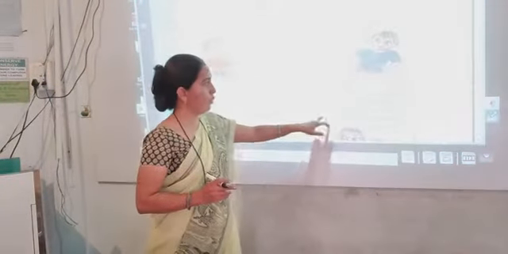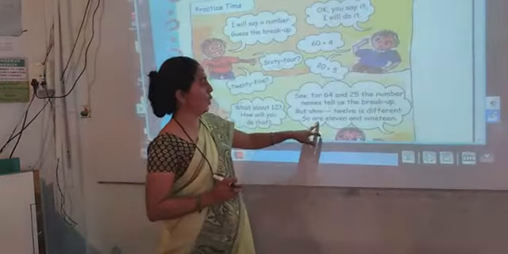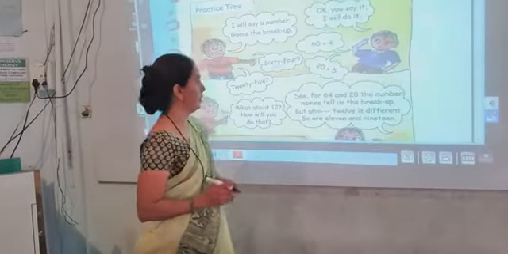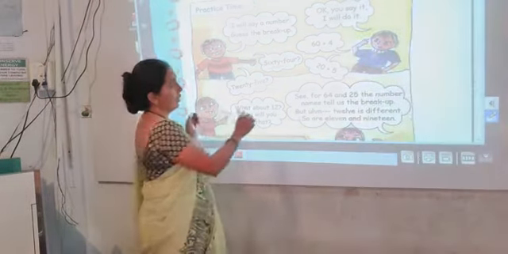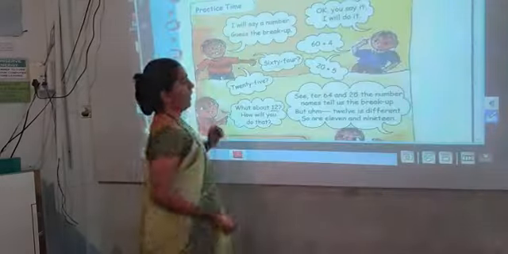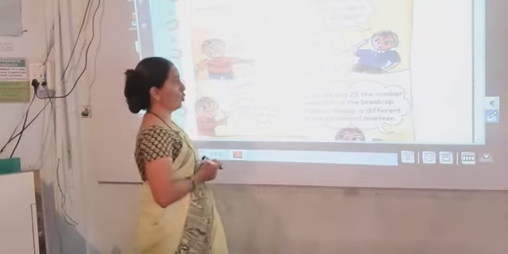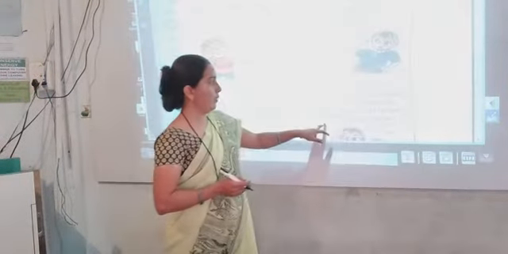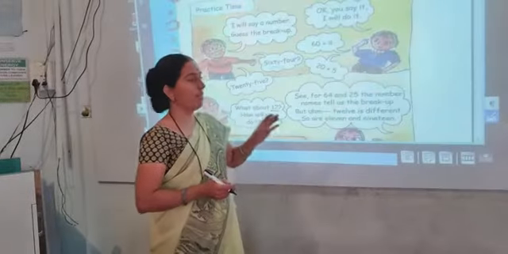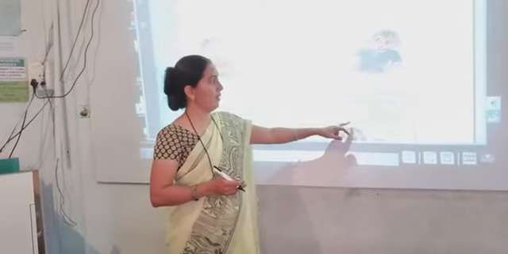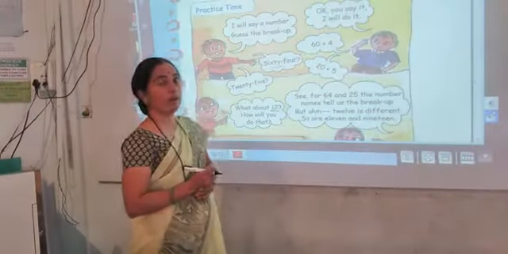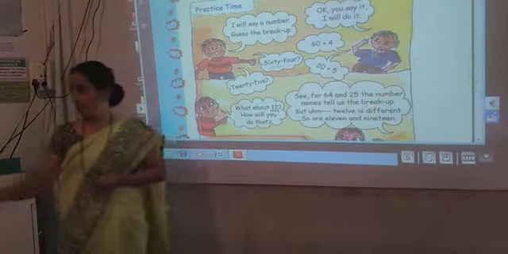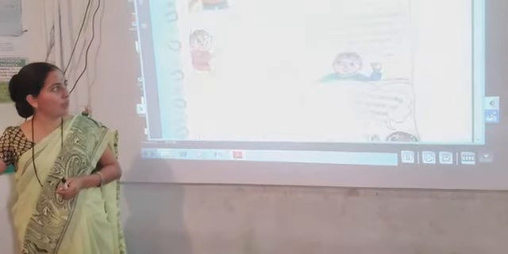But 12 is different. So are 11 and 19. So if I say 12, you have to say 10 plus 2. If I say 11, 10 plus 1. If I say 19, you have to say 10 plus 9. So they are somehow different.